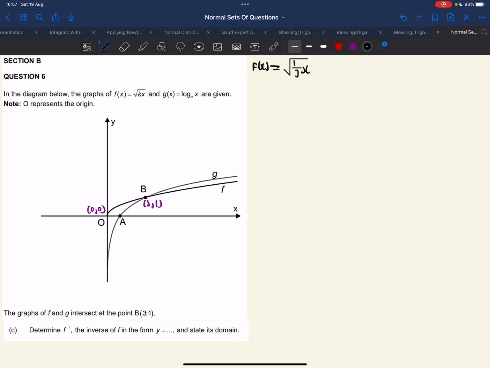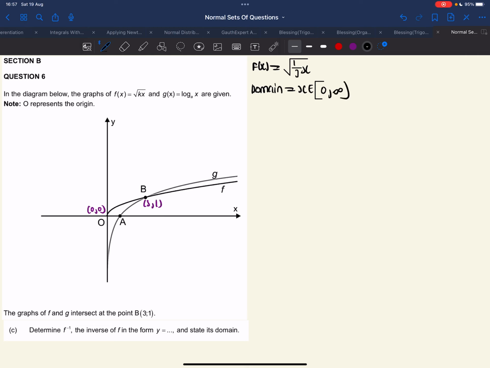Now, another thing that you need to look out for, if we had to do the domain of f of x, remember, can you see that it's starting from 0, going on and on and on. So it's starting from 0 going to positive infinity. So the way that you could have written it is to say x is an element of 0 to infinity.